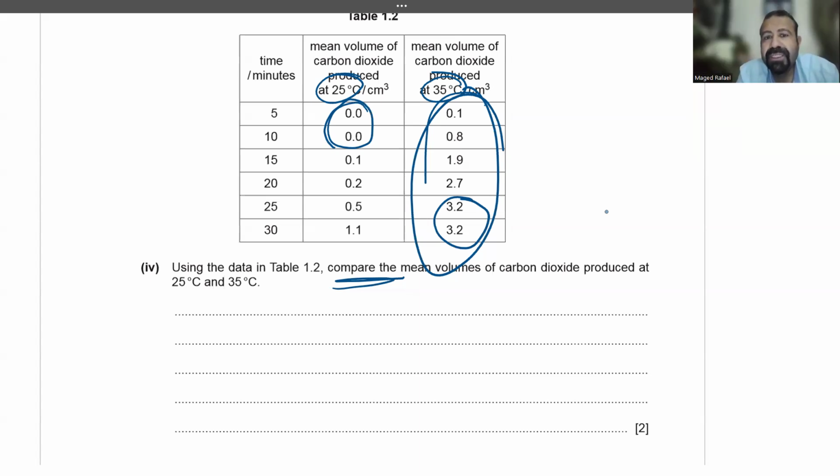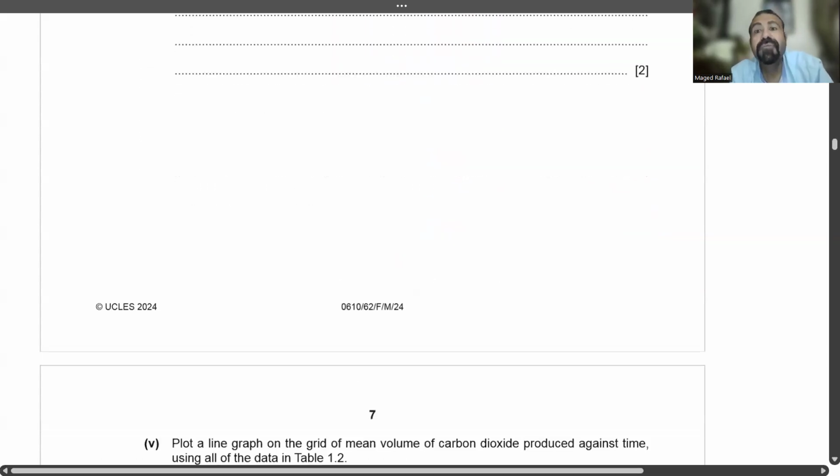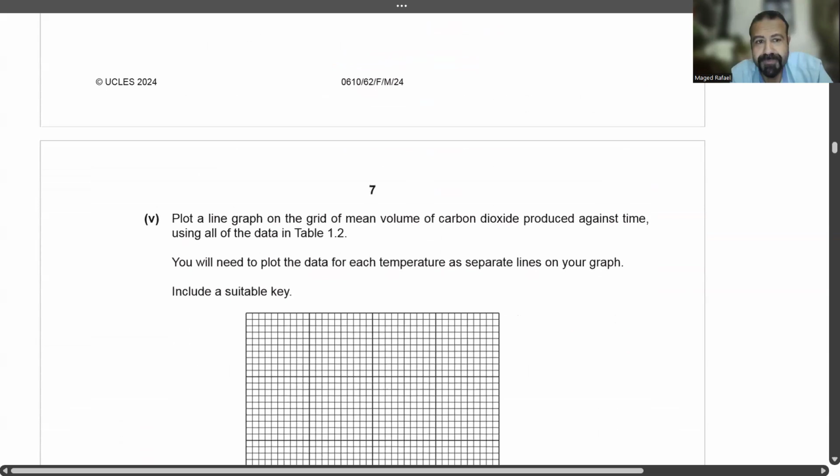And we could mention this value because this is a comparison. And you will say, by the way, at 25 and 30 minutes, carbon dioxide produced was the same. And at 25 degrees Celsius, at 5 and 10 minutes, it was 0. Okay, that is 2 marks. And what we mentioned gives you 3 marks, not only 2.